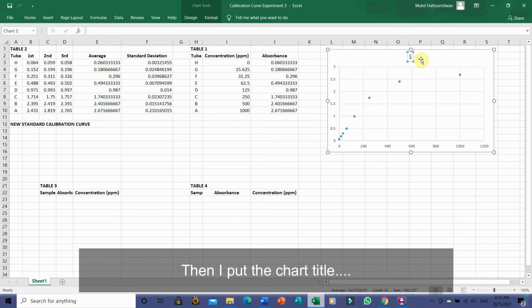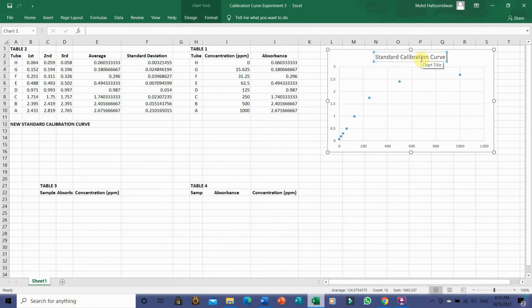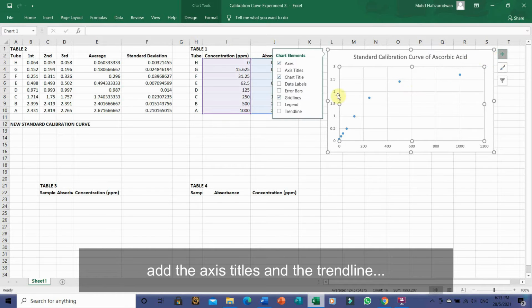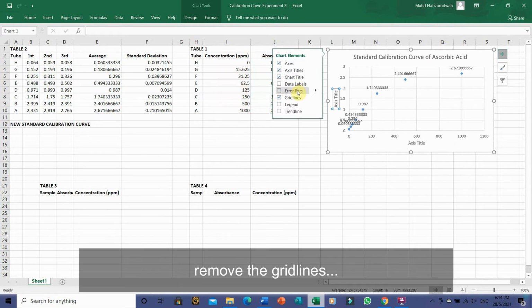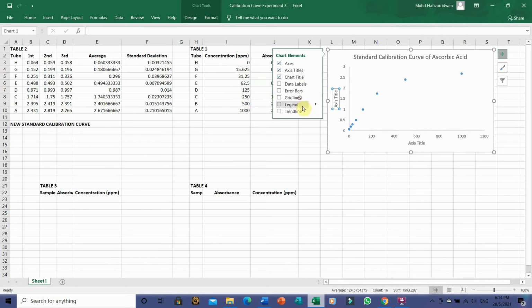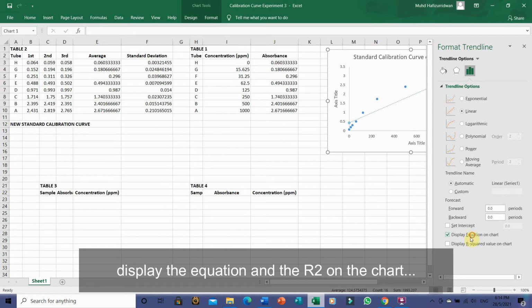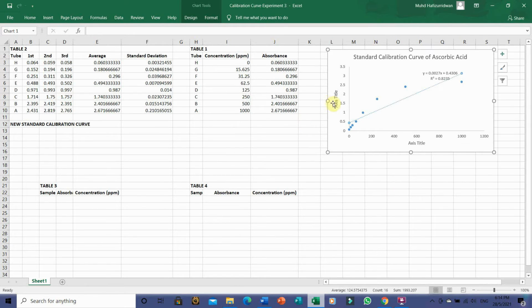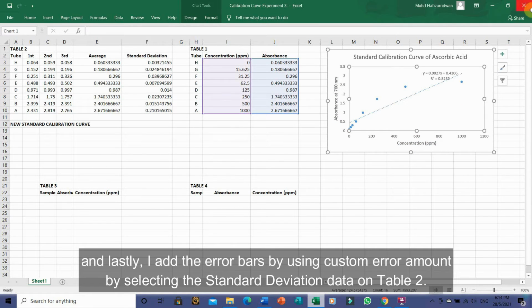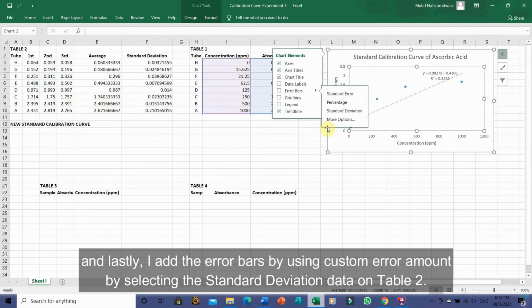Then I put in the chart title, add the axis titles and the trend line, remove the grid lines, and display the equation and the R-squared on the chart. And lastly, I add the error bars by using custom error amount, selecting the standard deviation data in Table 2.